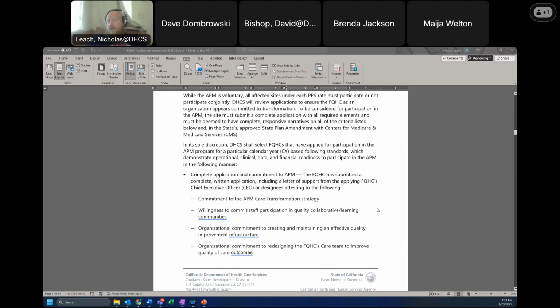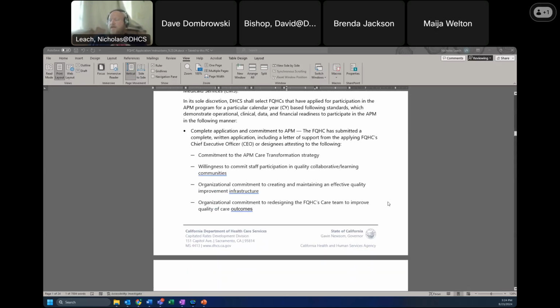In its sole discretion, DHCS shall select FQHCs that have applied for participation in the APM program for a particular calendar year based on the following standards, which demonstrate operational, clinical, data, and financial readiness to participate in the APM. First, complete application and commitment to APM.